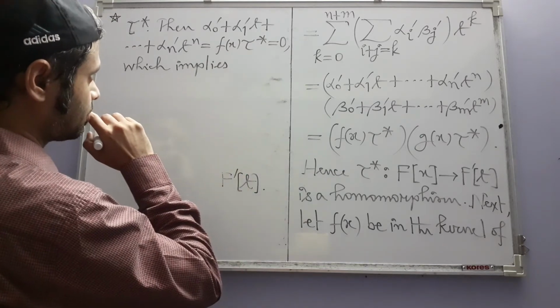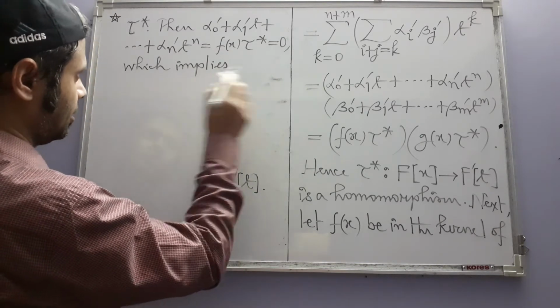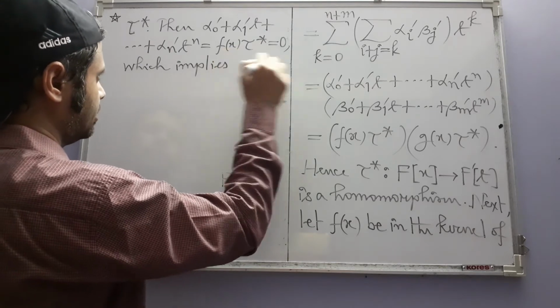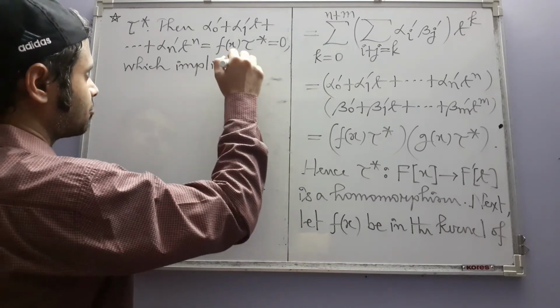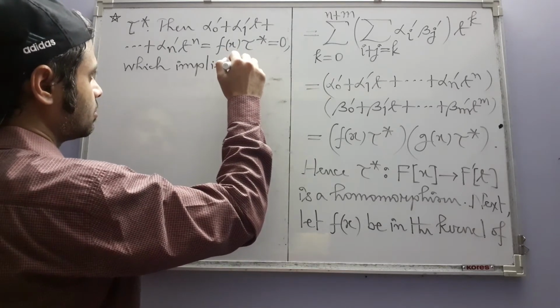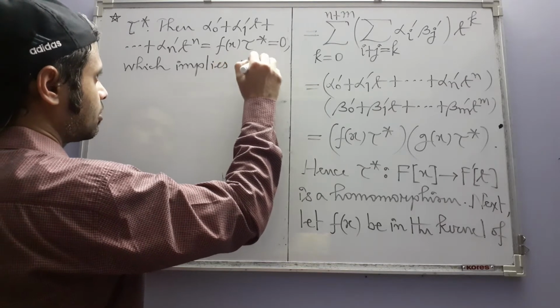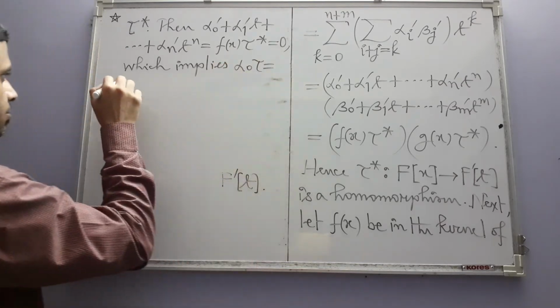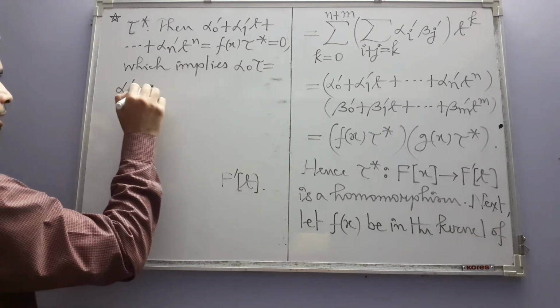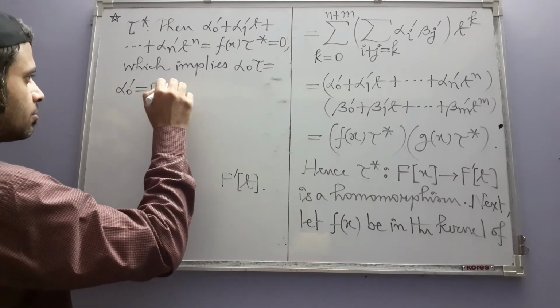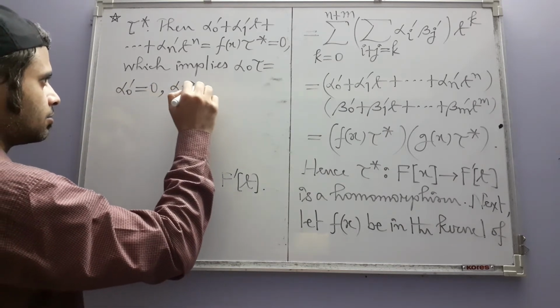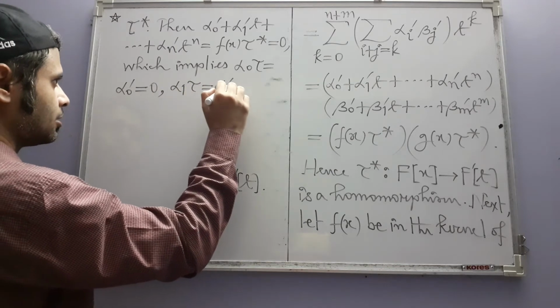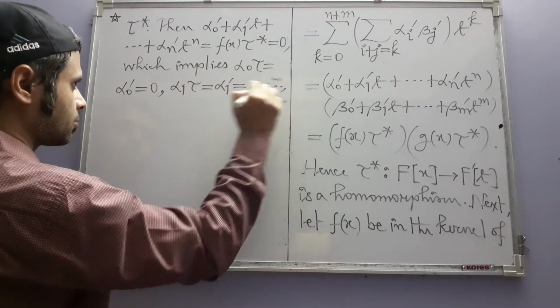Shall I write at once, or let me just write it in detail as a number of equations. Alpha naught tau, which is alpha naught prime, that is equal to 0. Alpha 1 tau, which is alpha 1 prime, that is also equal to 0, like that.